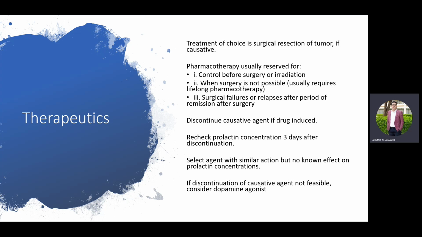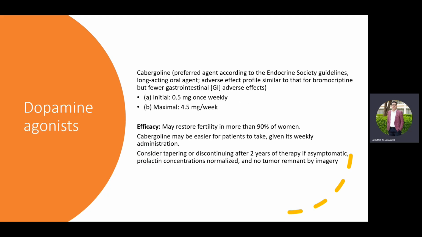If you cannot find such an agent, then you have to give another agent, which is a dopamine agonist. In this case, the dopamine agonist will decrease the level of prolactin in these patients. Dopamine agonists could be used for hyperprolactinemia.